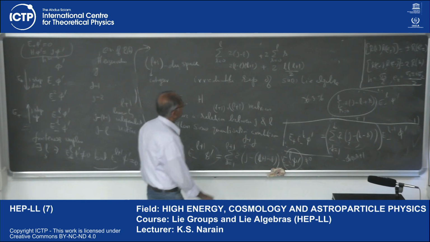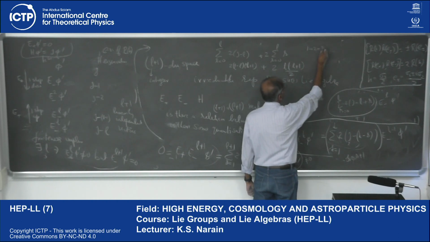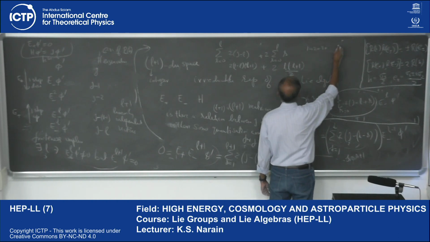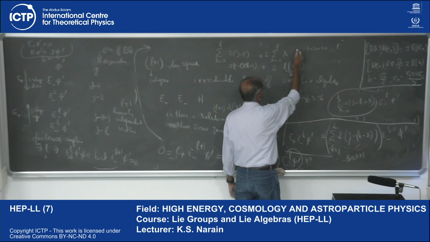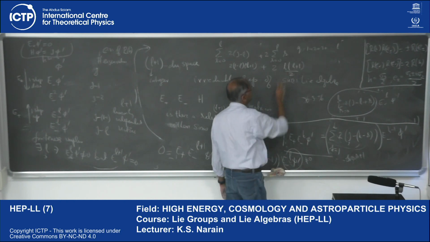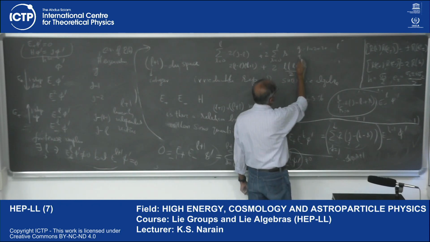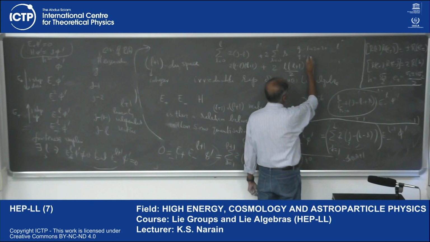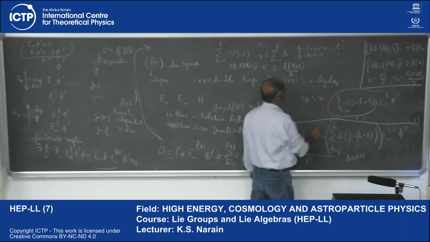One way to prove this: that is 1 plus 2 plus 3 plus all the way up to L, right? This is some number. Let's call it Q. We want to compute what Q is. Now let's rewrite Q, but change the order: L plus L minus 1, L minus 2, all the way up to 1.